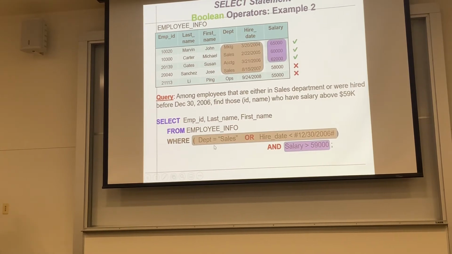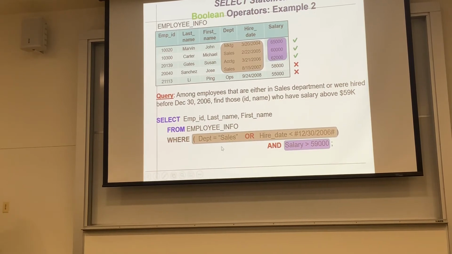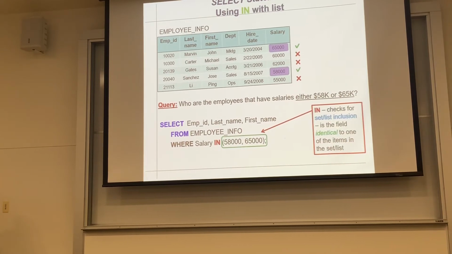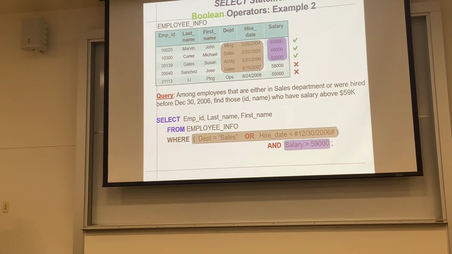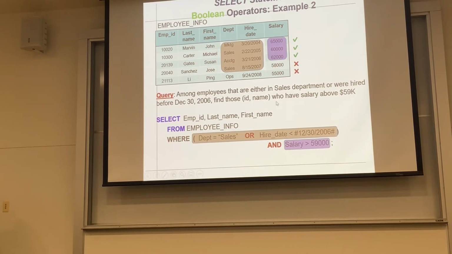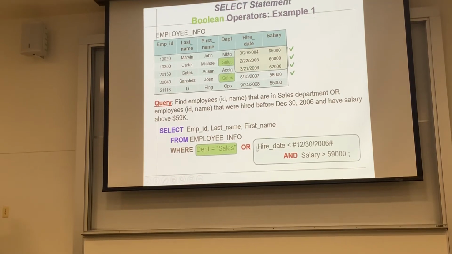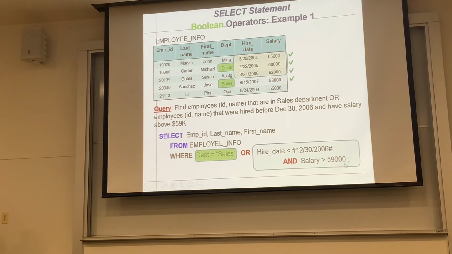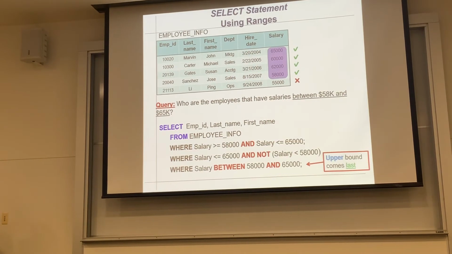So it would look something like this. Your parentheses would be around here, and you'd have department equals sales, or, and then this would go around here. We'll go through one of these when we do our practice.